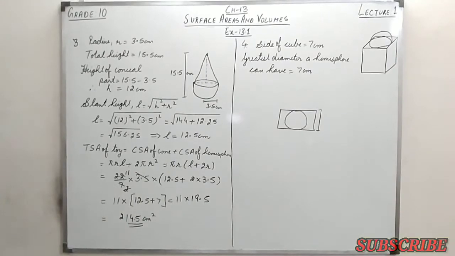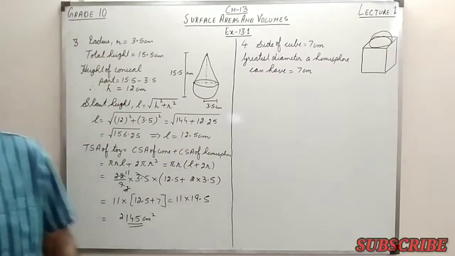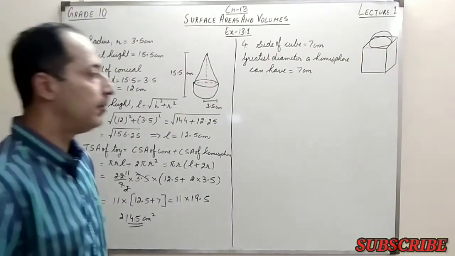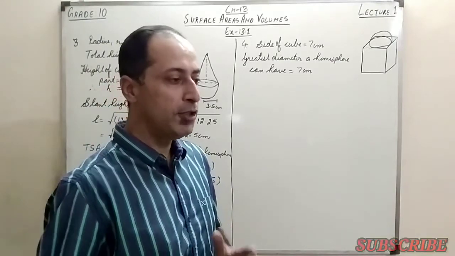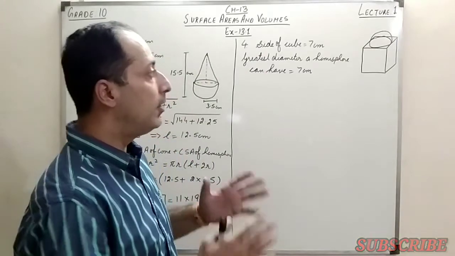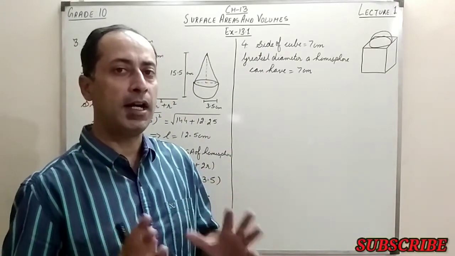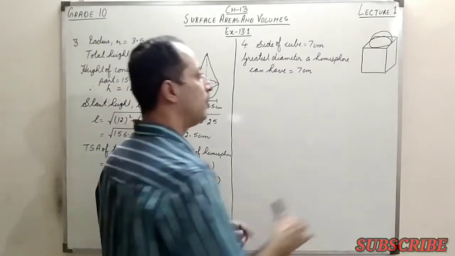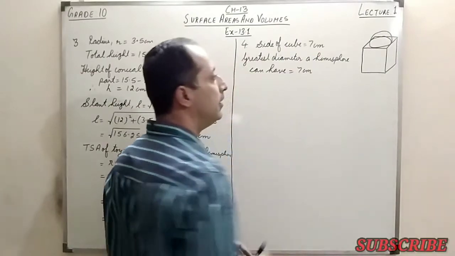Now the next thing is we have to find the total surface area of this object. Now there's one problem. If we need to find the total surface area, I told you in the beginning we find the surface area of that thing which is visible to us. In case of this cuboid, the 5 faces of the cuboid are clearly visible. That is, this face, one behind this, and one of the base.